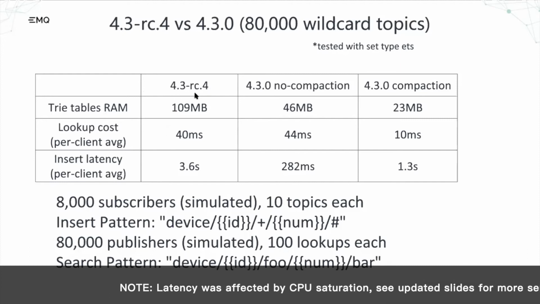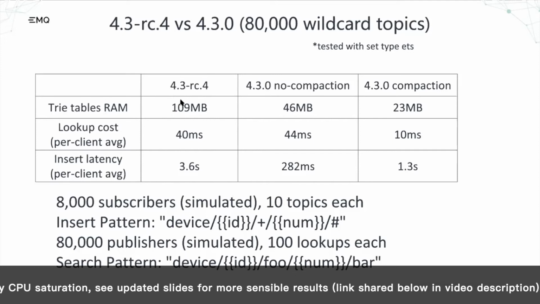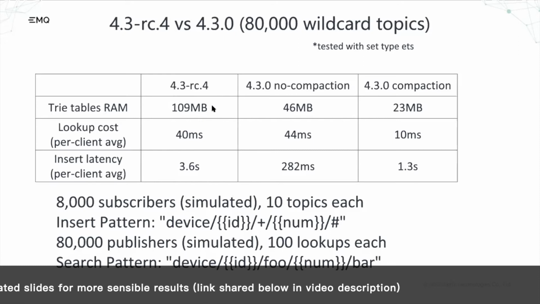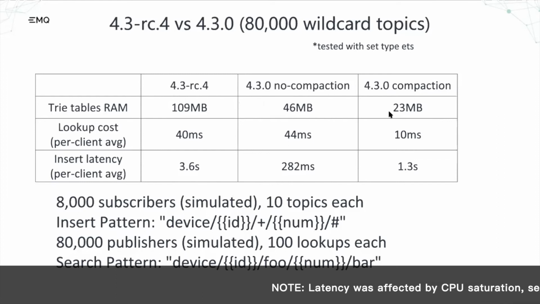In 4.3 RC4, it consumes 109 megs of data in the trie tables. With no compaction, it's 46. And with compaction, it's just about half of it.